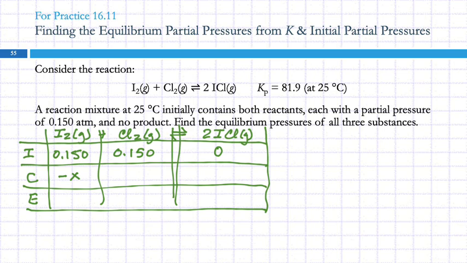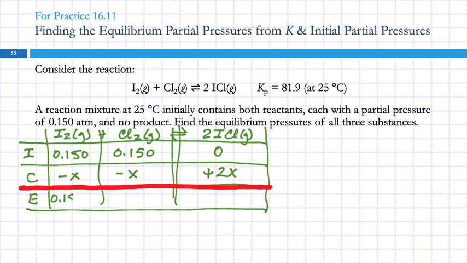So that's minus X. This one's also minus X. And what's the change for this one? Plus 2X. So now I'm going to add those together.